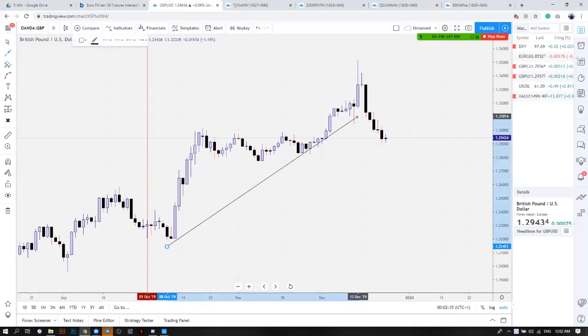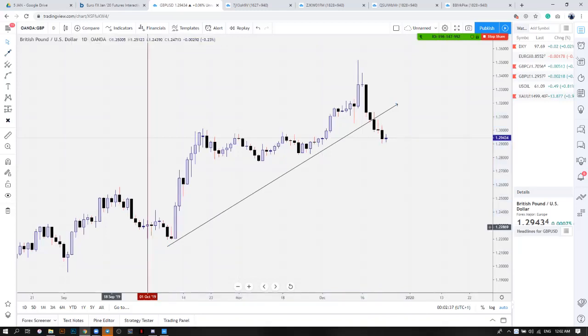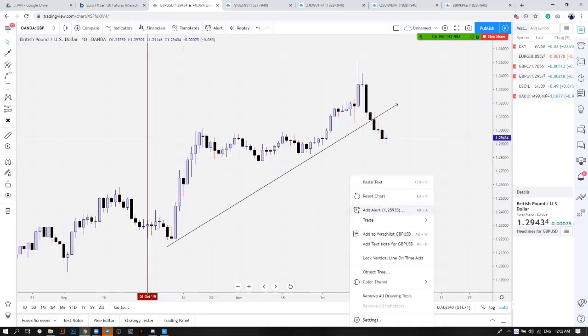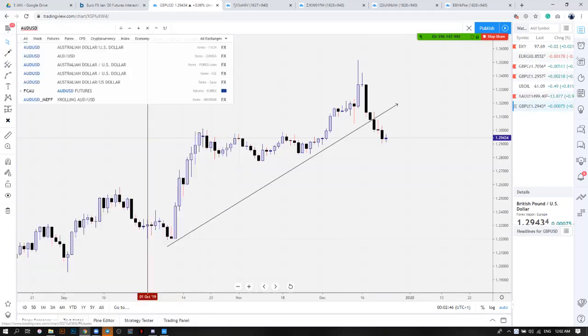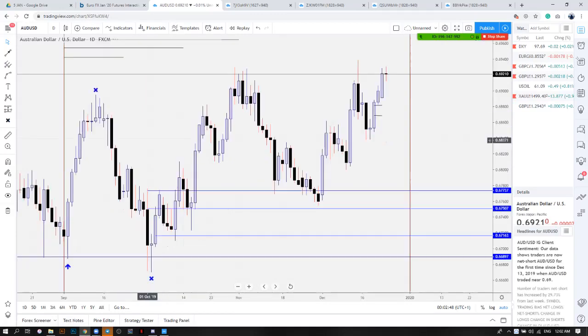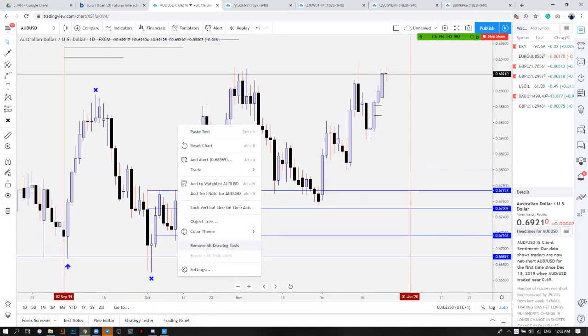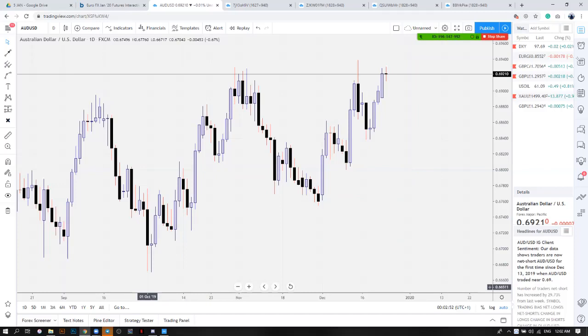GBP USD was what? Bullish. Was going up whilst DXY went down. Okay. If you look at AUD USD, the same thing. Whilst DXY went down in the same time period, October 1st, AUD USD went up.